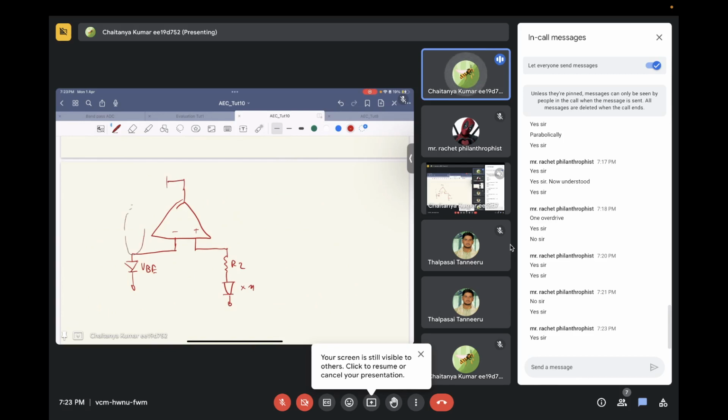The only reason I needed a resistor over here is because I wanted to add a PTAT voltage on top of VBE. Let's say I don't want that. That means I don't need this resistor over here, so I can directly connect it to this and still this will work.